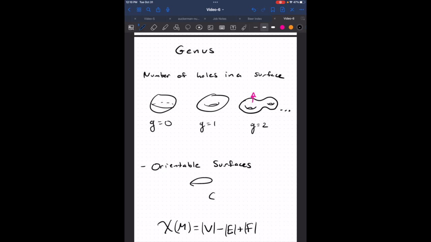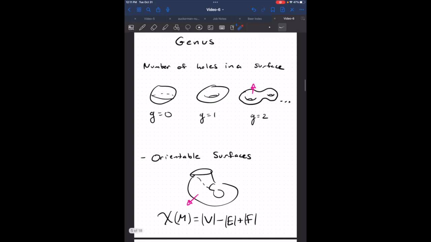So if we have something like a Klein bottle, well, if we have a normal vector sticking out here, if we take some path around to the inside, our normal vector would be reversed. And so we don't want that to happen. So we have an orientable surface here, and genus is the number of holes. And so if we have an orientable surface, we know it's some k-hole torus.